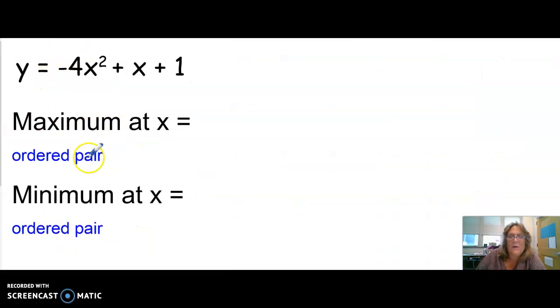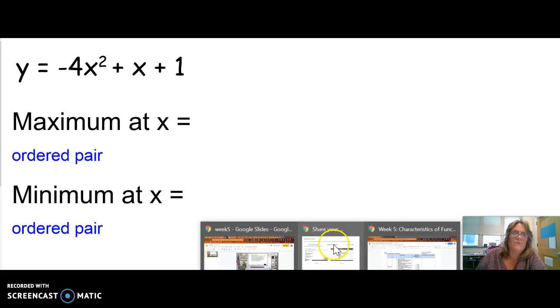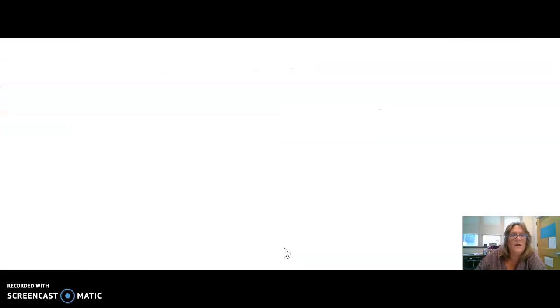So if we go back and look at the graphs that we had, let's see if we can figure out where our relative maximums and relative minimums are in Desmos.